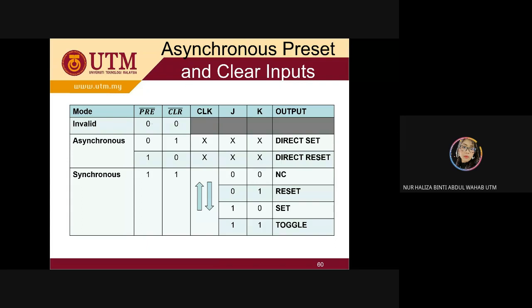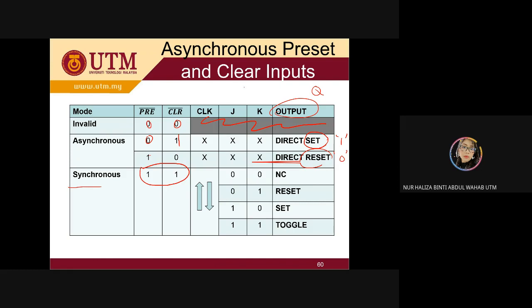When you have 0, 0 it is going to be invalid for your output. For 0, 1, you're going to do set. Set for your output Q. Set will be 1. 1, 0, it will be reset, and synchronized for 1, 1.